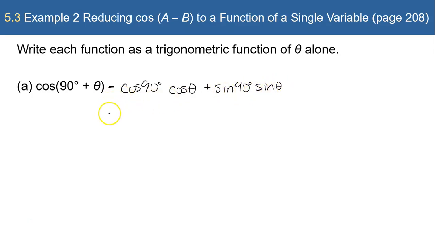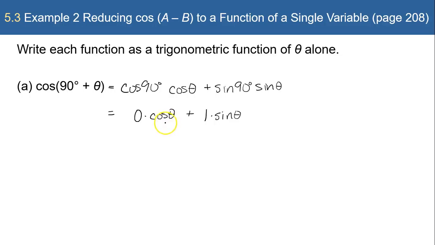Okay, now after we've split it up, the value for cosine of 90, well, that's 0. So we have 0 times cosine theta, and then the value for sine of 90 degrees, that's 1. So we have 1 times sine of theta.